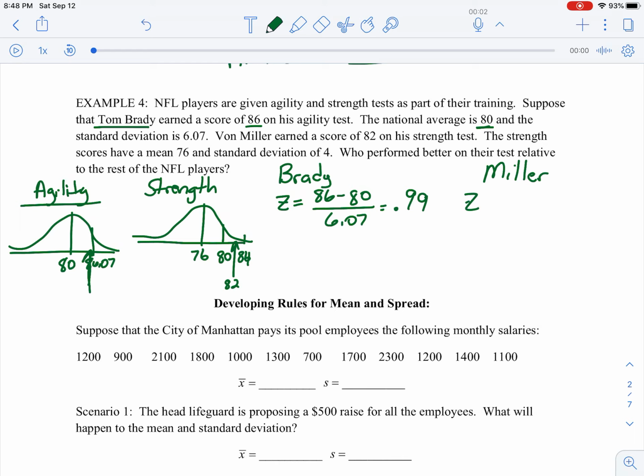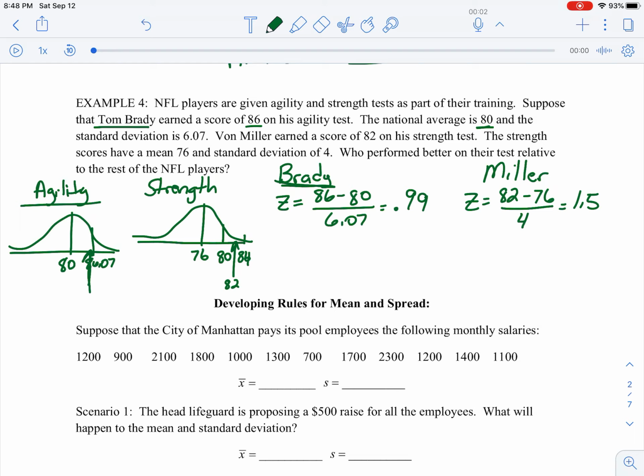We're going to come over here and do Von Miller's. For the strength test, we're going to convert that into standard deviations. We observed him with an 82. We expected him to score a 76, and there's a standard deviation of 4, and that turned out to be 1.5.